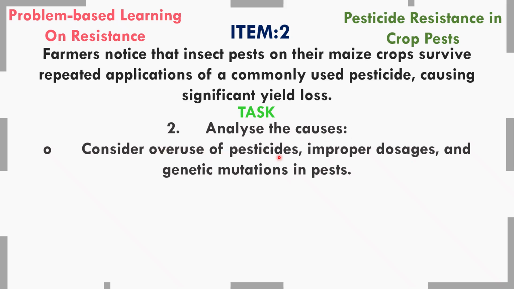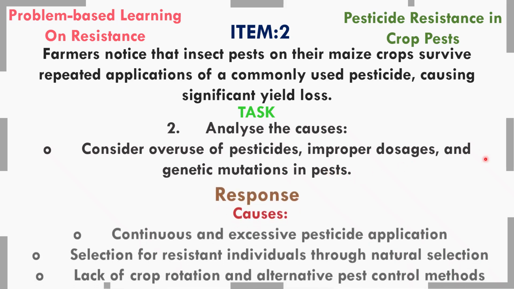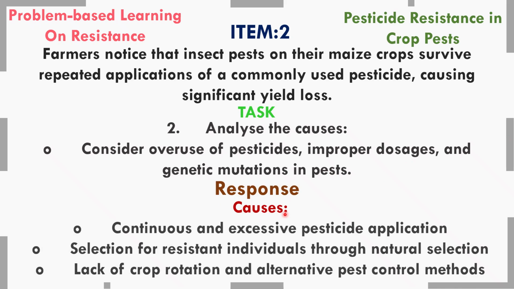Consider overuse of pesticide, improper dosages, and genetic mutation in pests. The causes: continuous and excessive pesticide application, selection for resistant individuals through natural selection, and lack of crop rotation and alternative pest control methods.